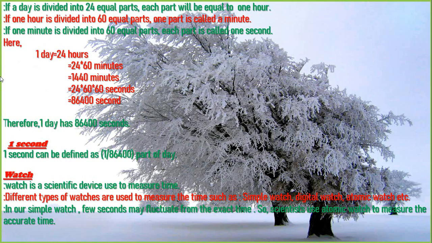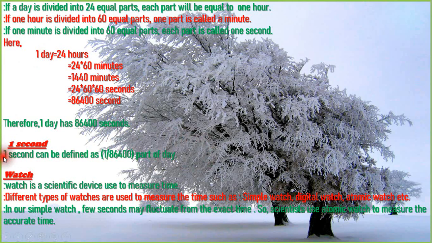But in physics, it is defined as the 1 by 86,400 part of the day. Here we can see that there are 86,400 seconds in a day, and if we take one part of 86,400 parts of 1 day, it becomes 1 second.